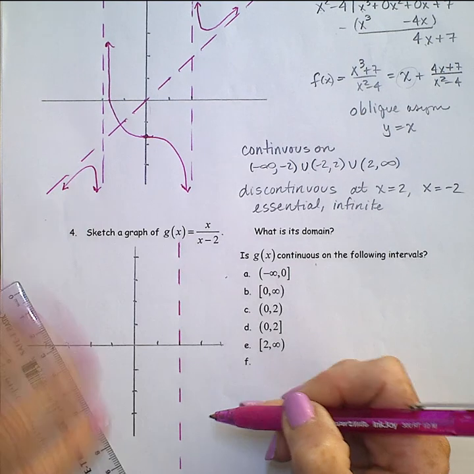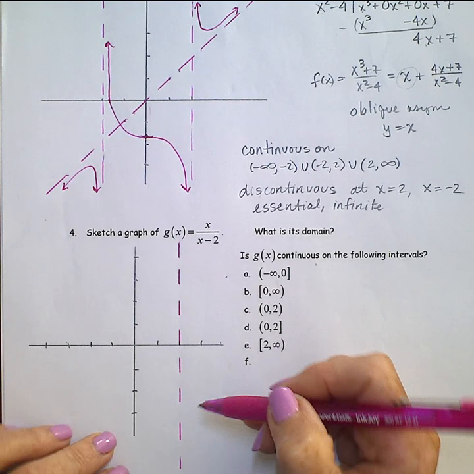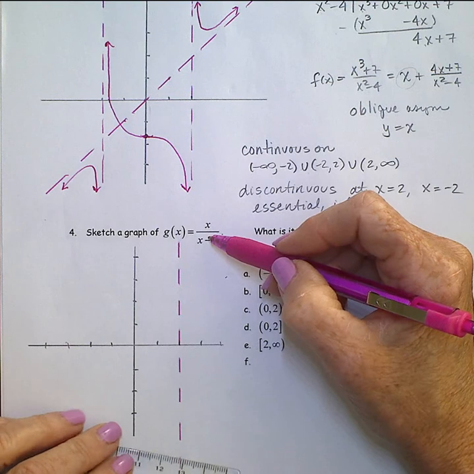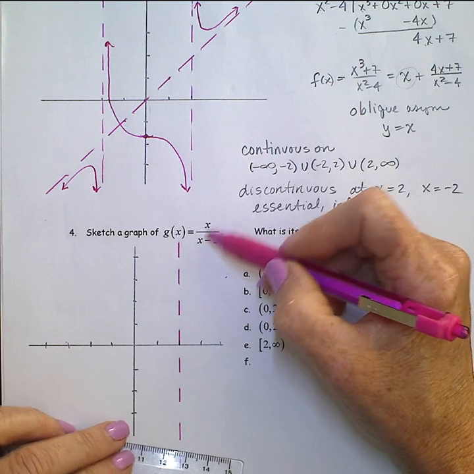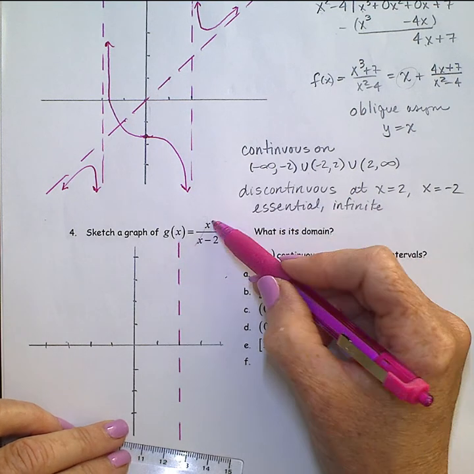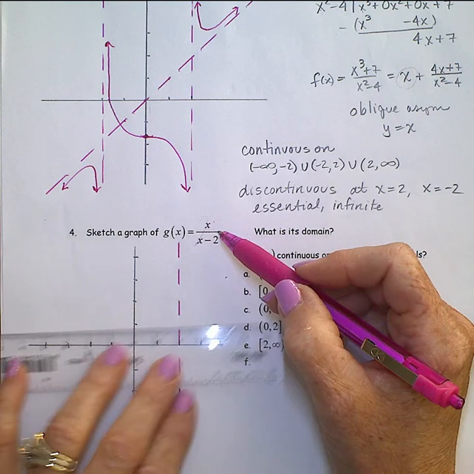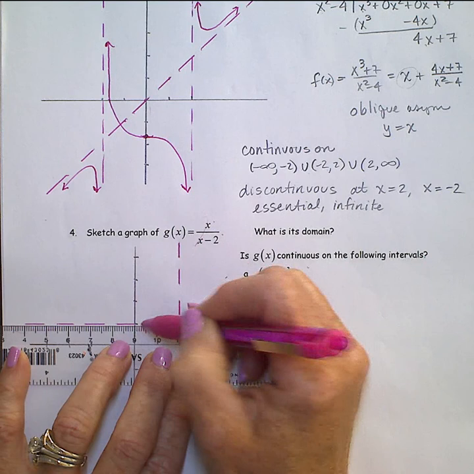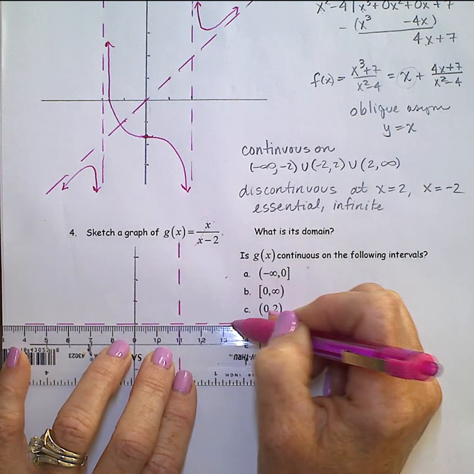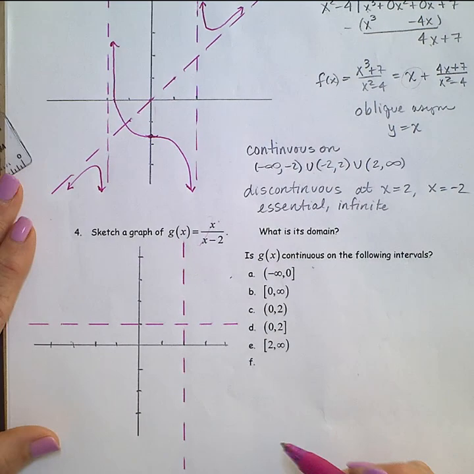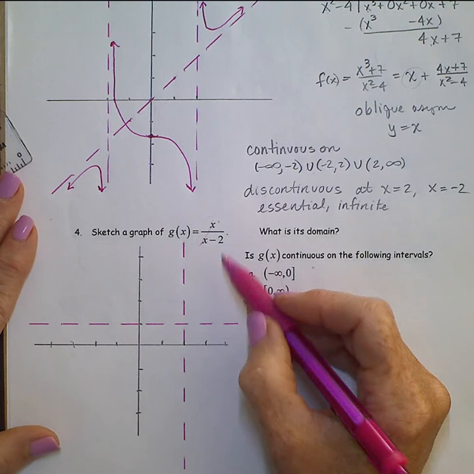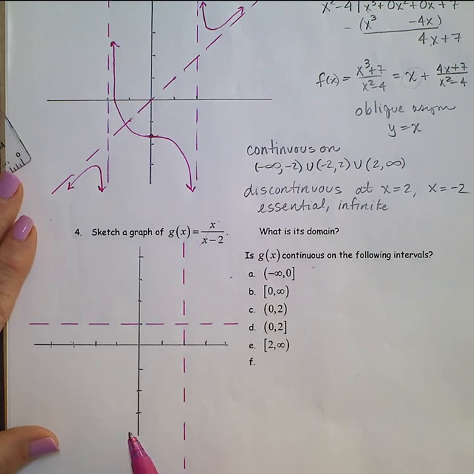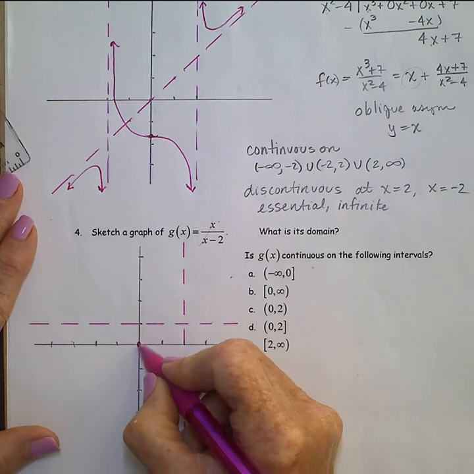We see a horizontal asymptote at y equals 1 from doing the limit as x approaches infinity, fraction of the leading coefficients, because the degree in the numerator is the same as the degree in the denominator. So we have a horizontal asymptote at y equals 1. When x is 0, y is 0, so we're going to hit right here at the origin.